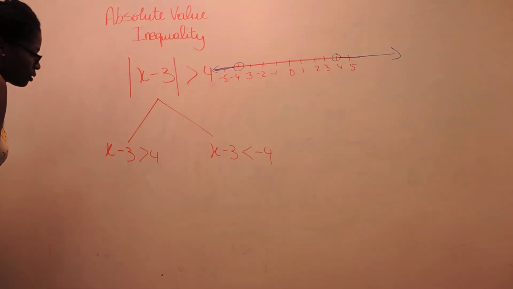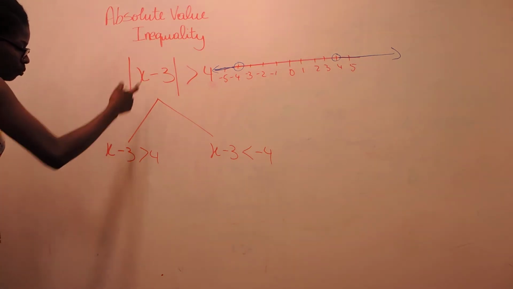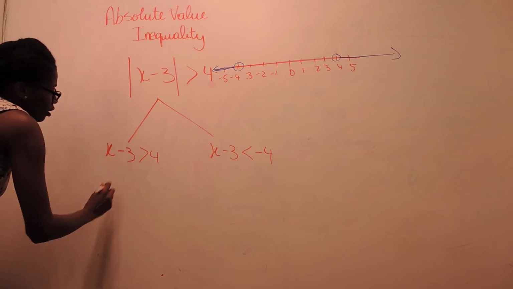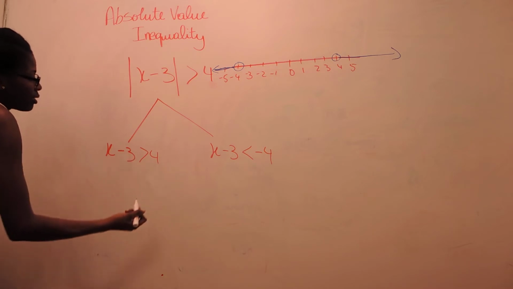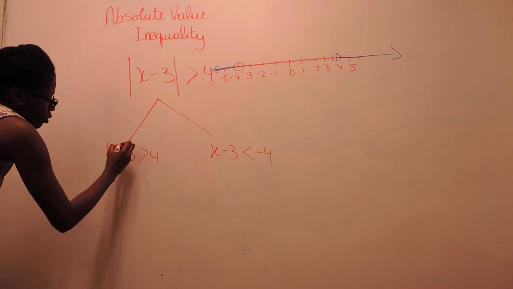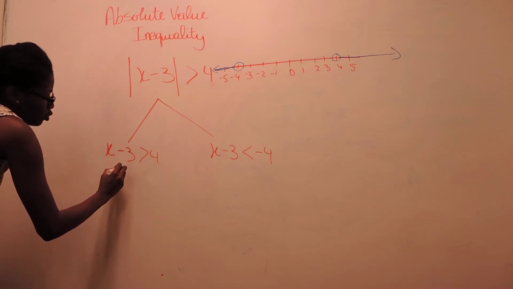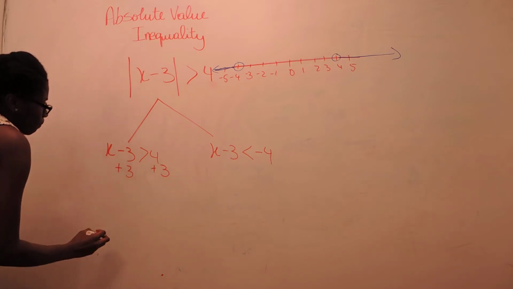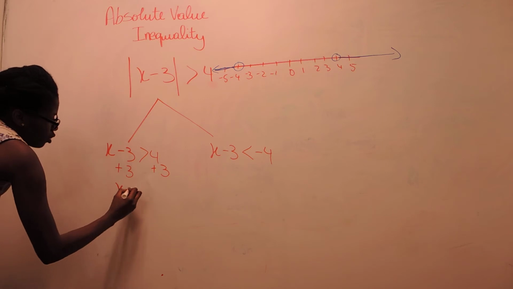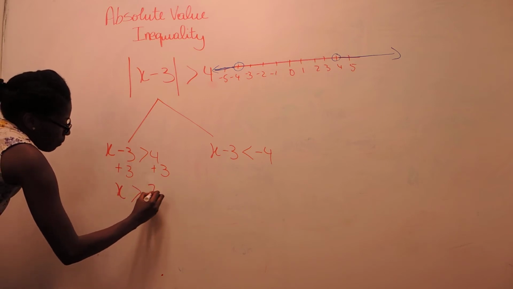So let's solve for x. Here we have x minus 3 greater than 4. Let's isolate x. We do the opposite operation, which is to add 3 on both sides. And when we do this, we have x greater than 7.